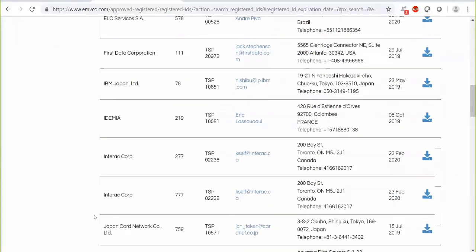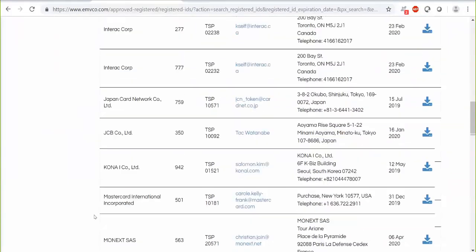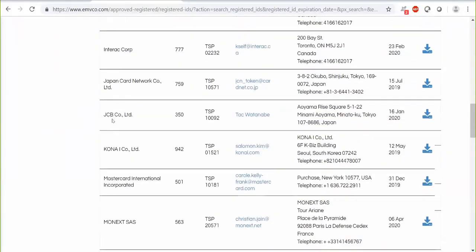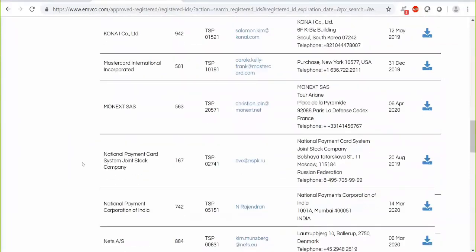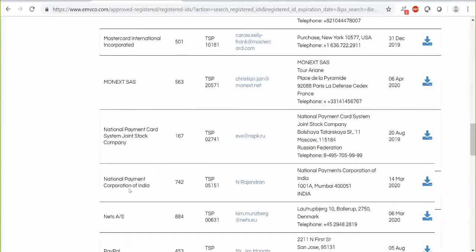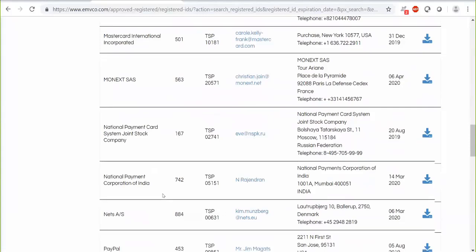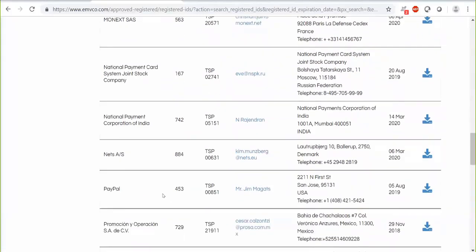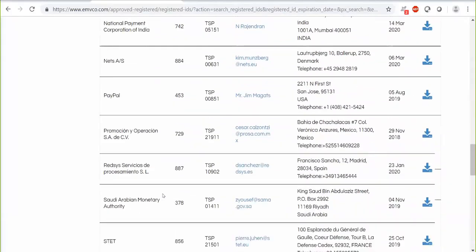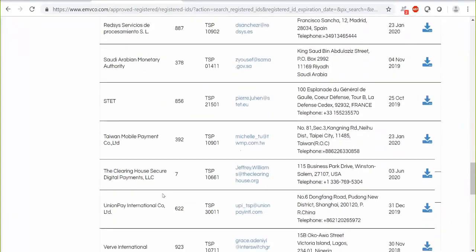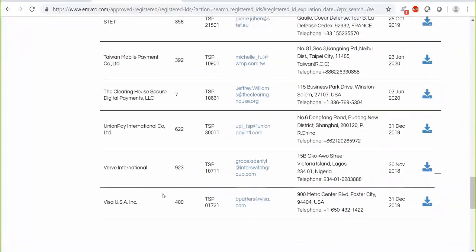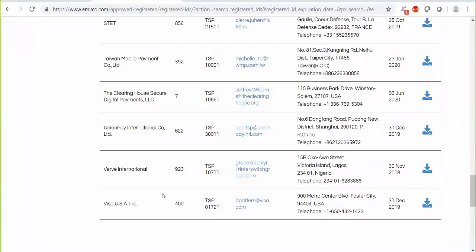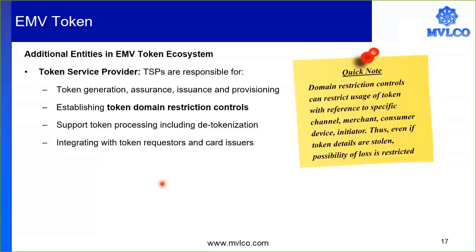Then as far as India is concerned, it has, so in this one you have JCB, MasterCard as well. In India, we have National Payments Corporation of India, registered as TSP. You have entities like PayPal, who are like wallet providers, etc., and Visa, Union Pay, etc. So all these parties have already registered as token service providers. Alright, so they are the ones who are basically going to manage this entire tokenization system.